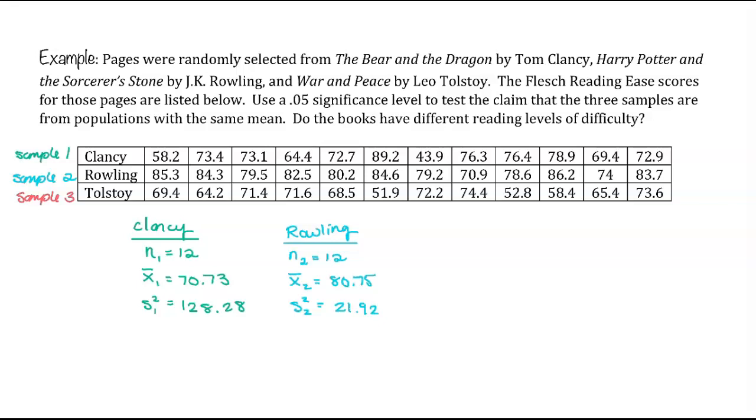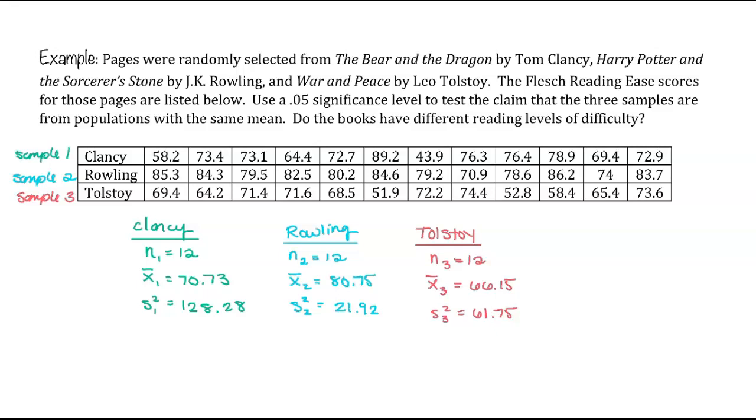And finally, if we repeat this with the third sample, we have a sample size N3 equal to 12, a sample mean X3 bar equal to 66.15, and a sample variance S3 squared equal to 61.75. Even though we are analyzing variances, remember, we're really interested in comparing the sample means.